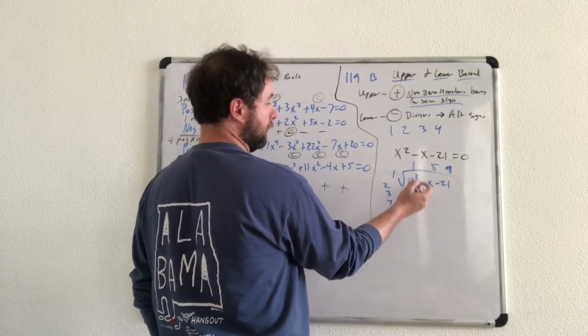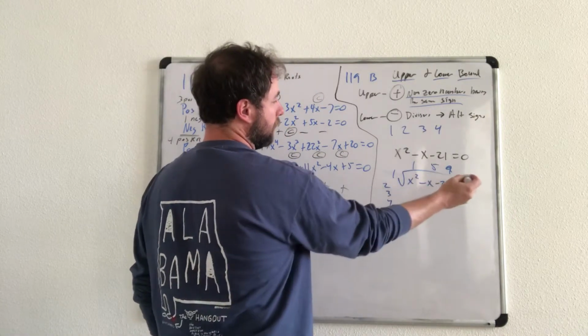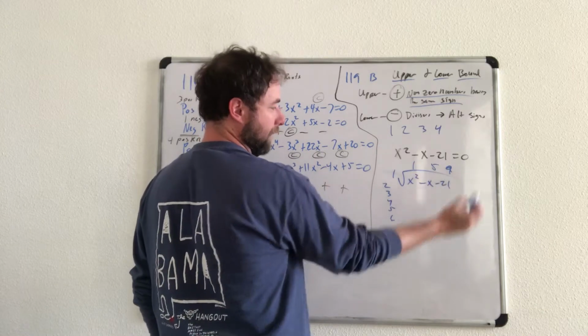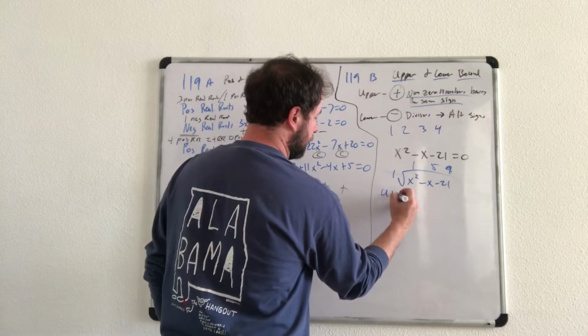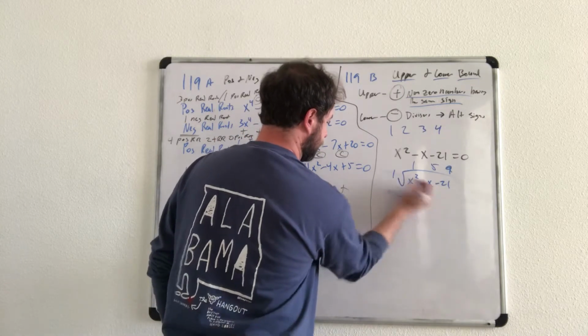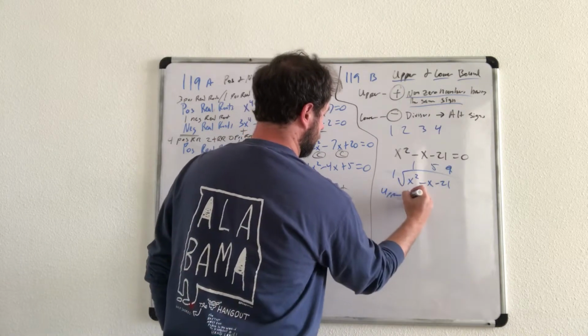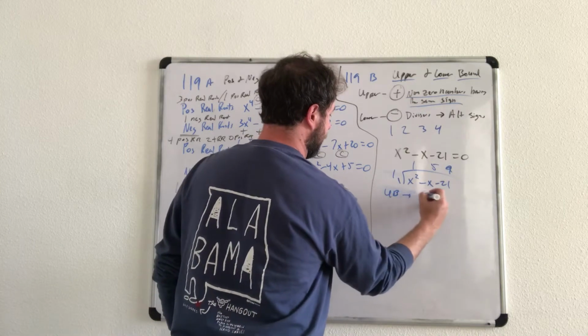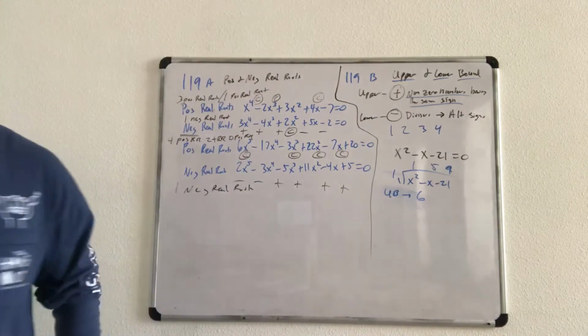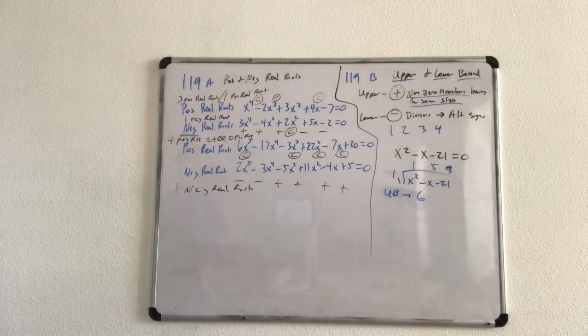It doesn't have to be positive, it just has to be all the same sign. It's all positive, non-zero numbers. 1, 5, and 9 are not zero numbers. So on the upper bound, let's just go UB, upper bound, you're going to find the upper bound is positive 6.